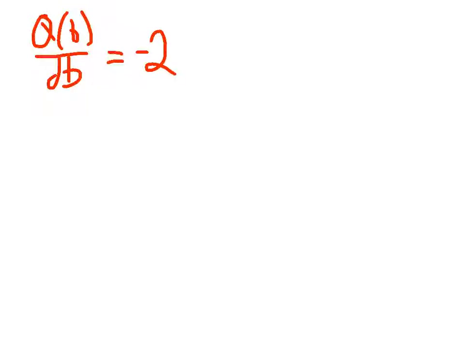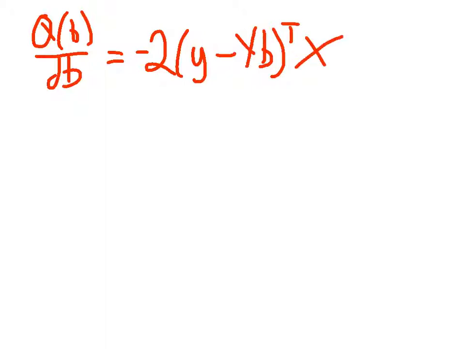So what we've said is that dQ of b over db is equal to minus 2 y minus xb transpose x. That's my expression, and now what I need to do is to set this equal to 0 and solve it.